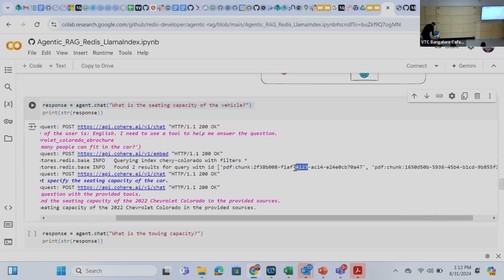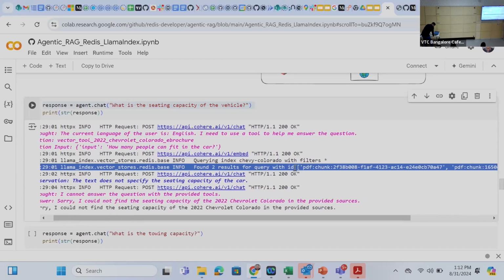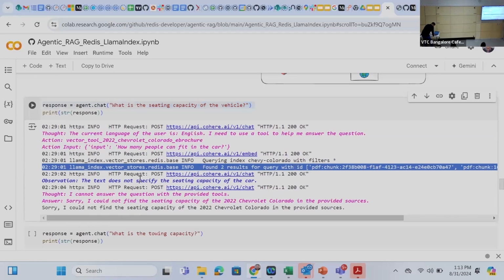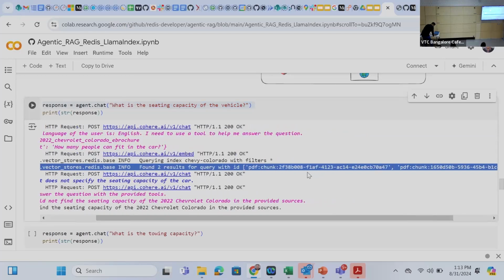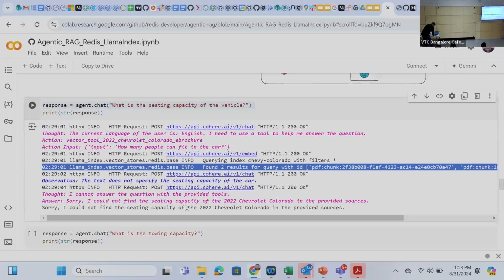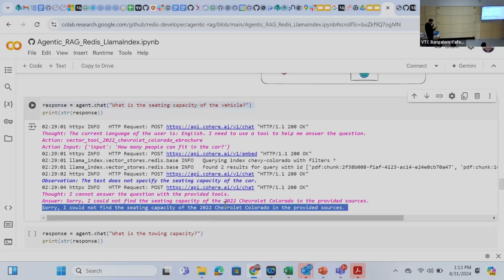It identified that there are some chunks which may have this information, but those chunks that were retrieved didn't have the answer to my specific question, which is what is the seating capacity of this vehicle? And that's why it told me that, based on the source that you have given, it's not able to find this answer as part of the manual.